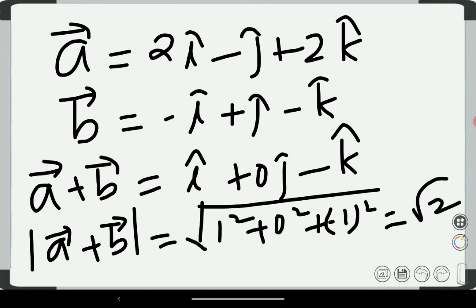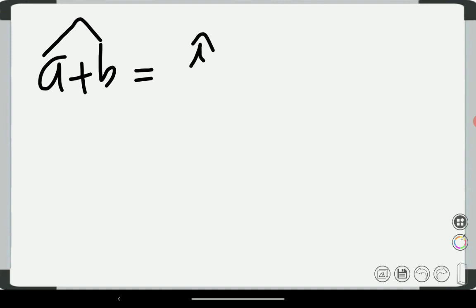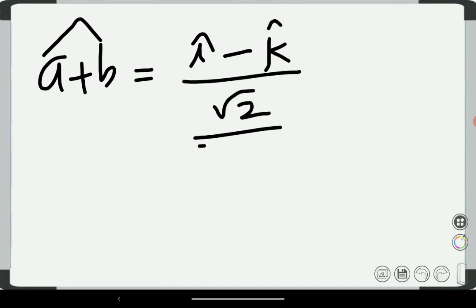So now divide A plus B by the modulus of A plus B, the unit vector along the vector A plus B. We can write the notation also: let us say (A plus B) cap is equal to A plus B, the vector i minus k, divided by the modulus, root 2. So this is the required unit vector.